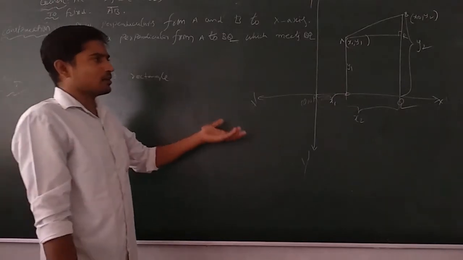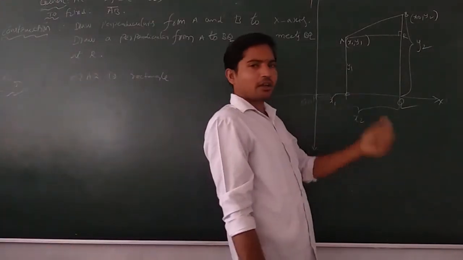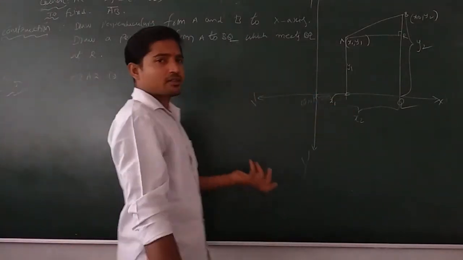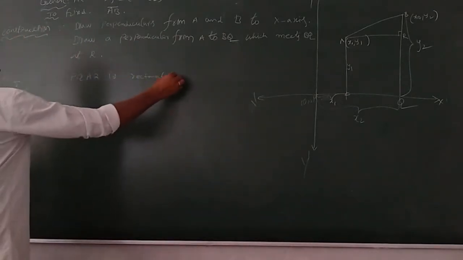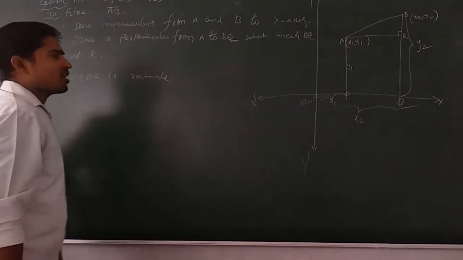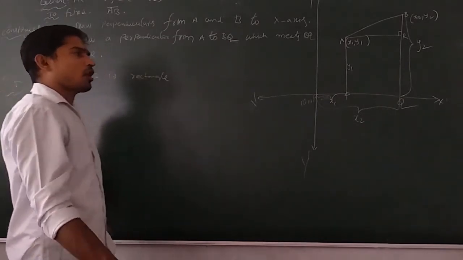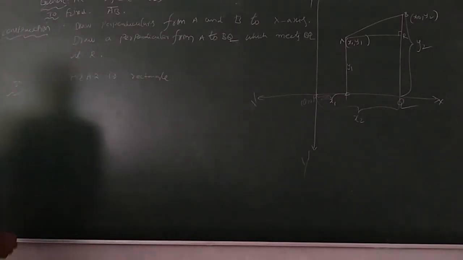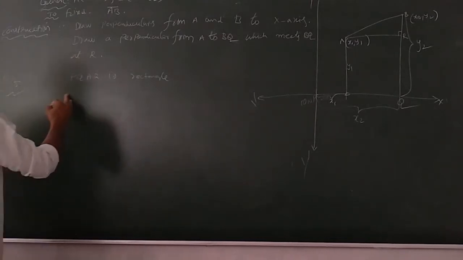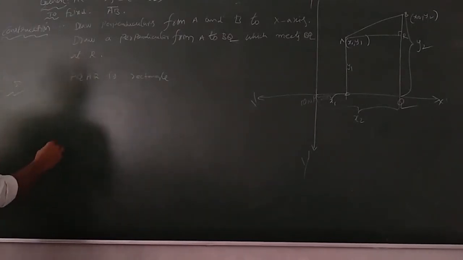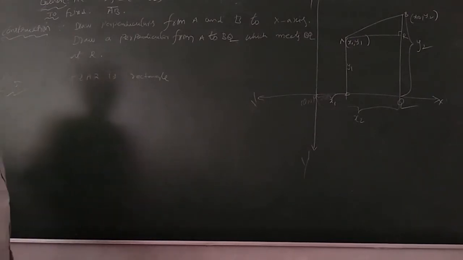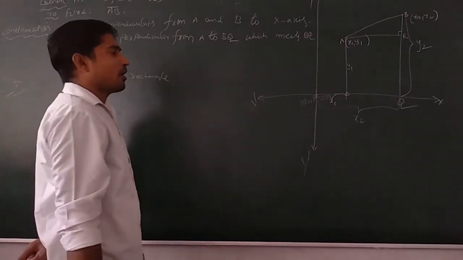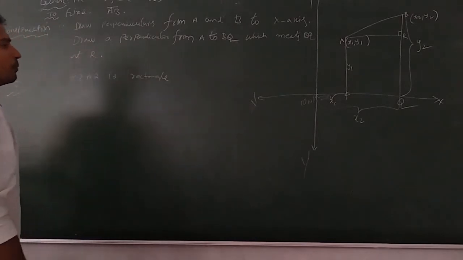If all angles are right angles and opposite sides are equal, then that is a rectangle. Now AP is equal to QR, both are same, and I want only PQ.